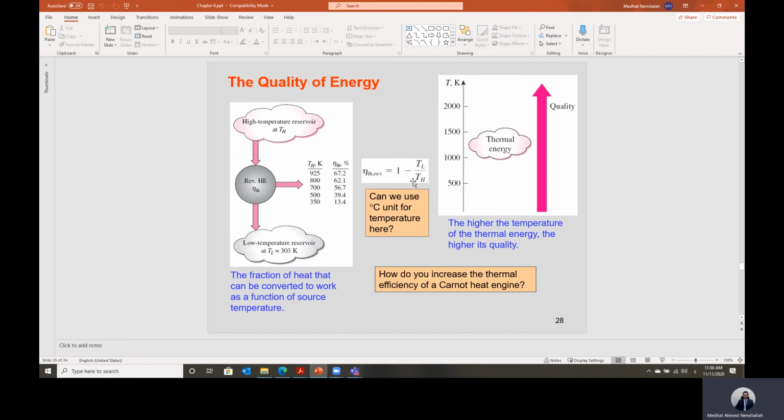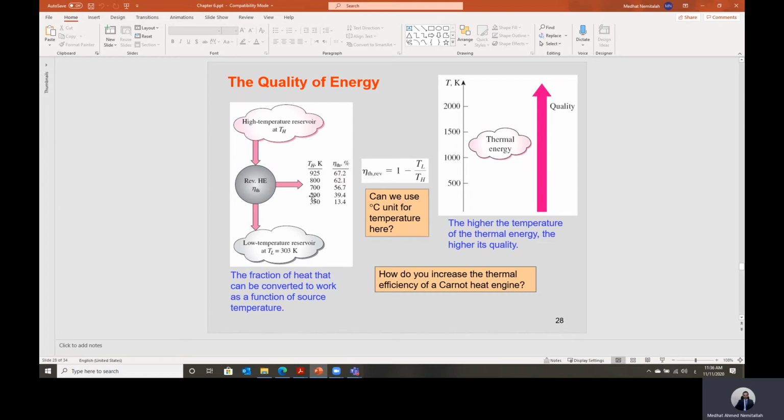How can we increase this efficiency? We can increase the maximum efficiency by increasing the quality of the energy. The quality of the energy is mainly a function of the temperature. So if we have a system at a higher temperature, that means this system has a higher quality of energy. Let's look here, for the same Q low.